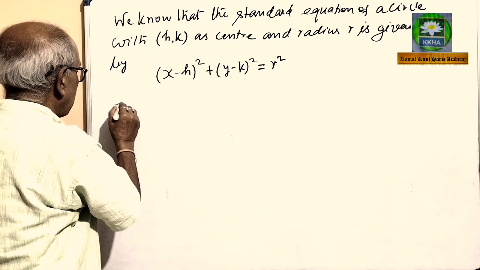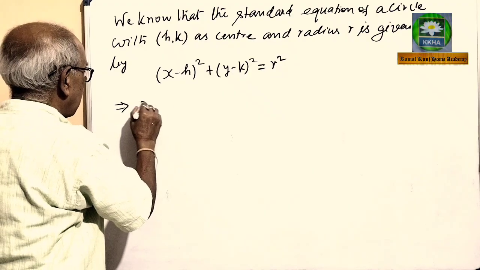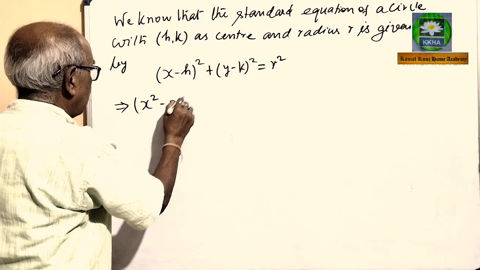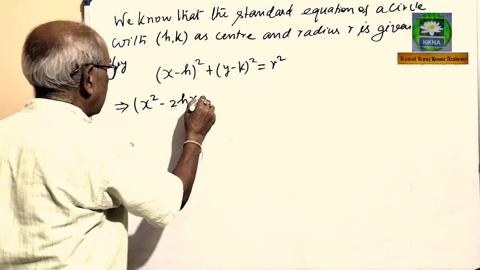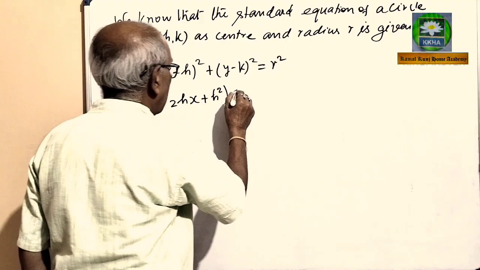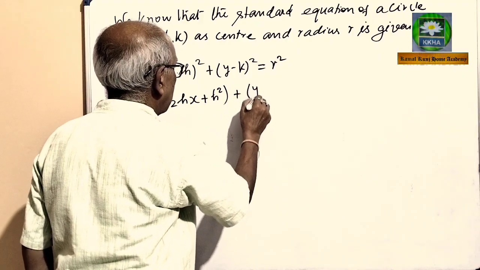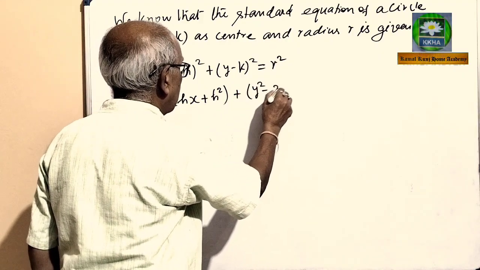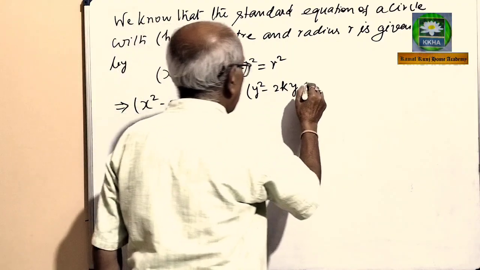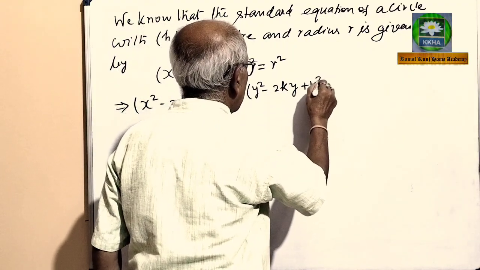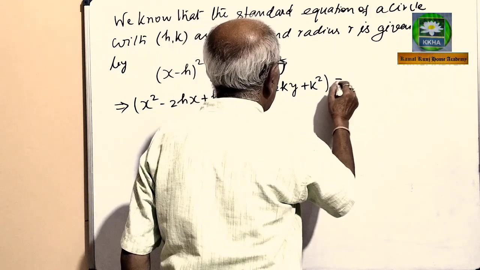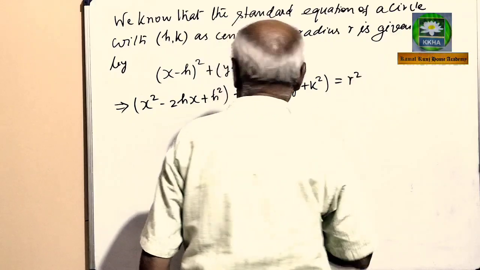Now this implies that x square minus twice hx plus h square plus y square minus twice ky plus k square equal to r square.